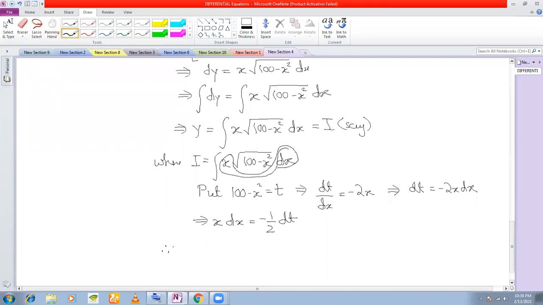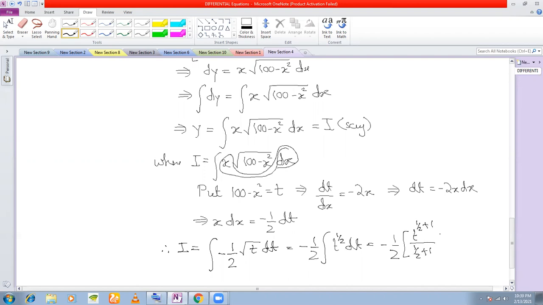Therefore, what is I? I is integral minus half, and 100 minus x square we have taken as t. So write this as root t dt, right? So now minus half integral t to the power of half dt, which is equal to minus half t to the power of half plus 1 by half plus 1, isn't it?